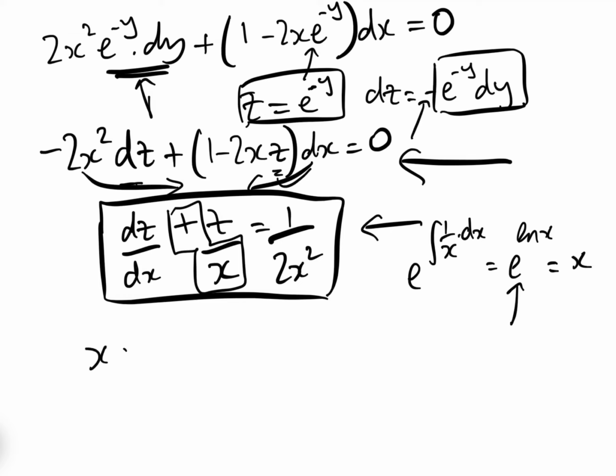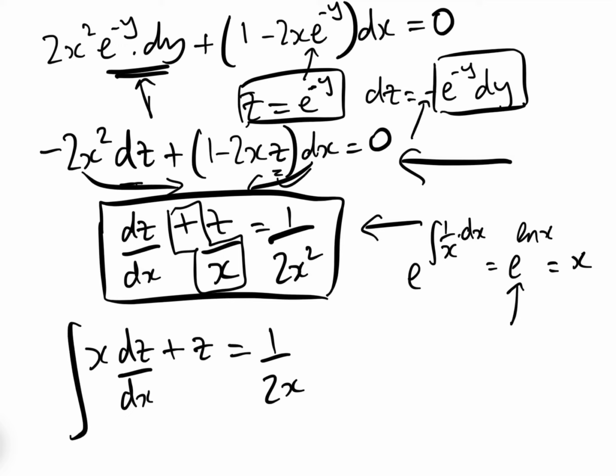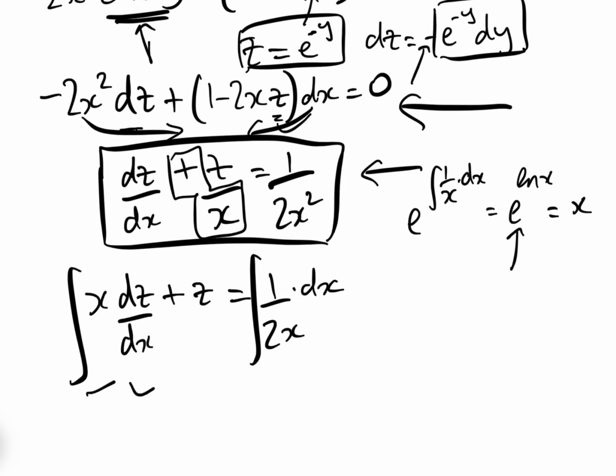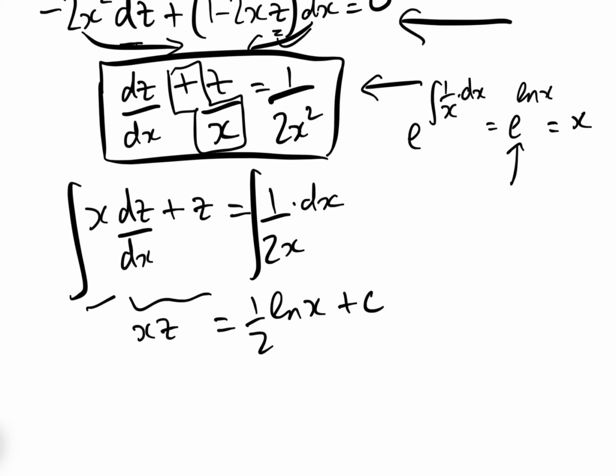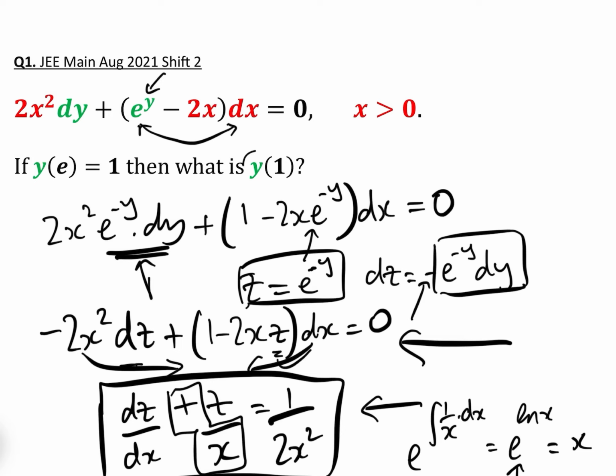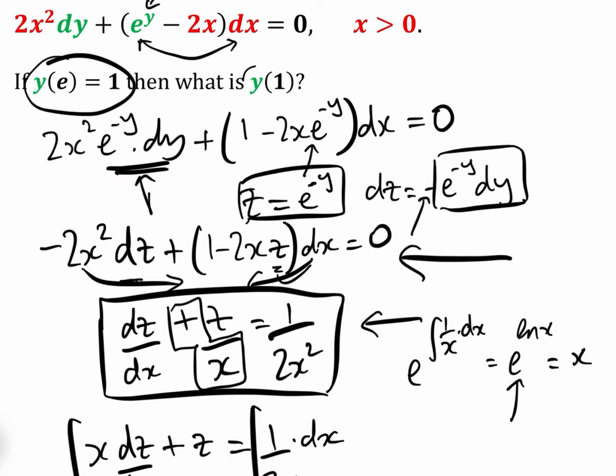Now when we multiply everything by that, we get x dz/dx add z equals 1 over 2x. When we integrate this with respect to x, this bit is equal to xz, and here is half log x add a constant of integration. So what we need to do now is, we've got the initial conditions here, y of e equals 1.